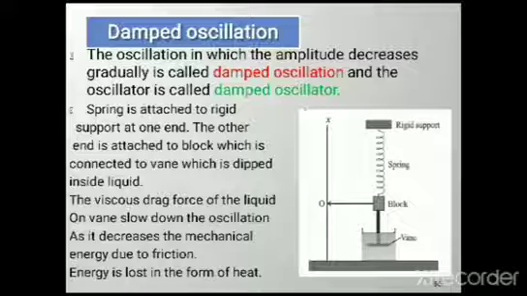As the vane is inserted in a liquid, the liquid will apply a viscous drag force on the vane, which in turn slows down the motion of the oscillator or block. As it decreases mechanical energy due to friction, the energy is lost in the form of heat.